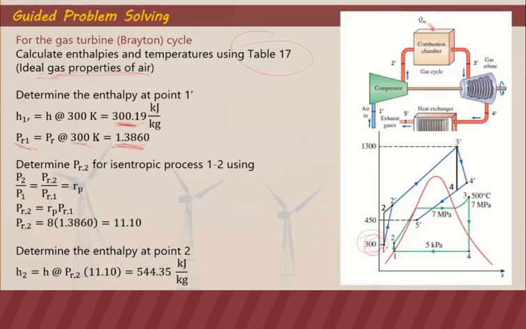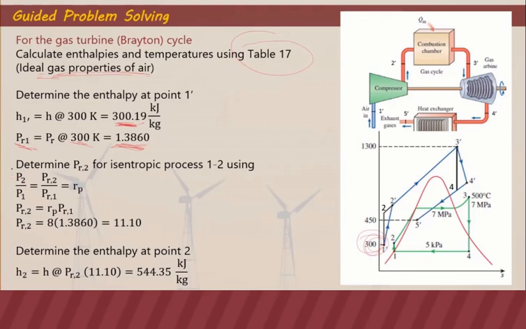We will use this Prandtl number to get the enthalpy at point 2 after leaving the compressor. So for the Prandtl number at point 2, this is actually an isentropic process. As you can see, 1 to 2 is an isentropic process. This is the compression. The pressure ratio is given in the problem, so we can use it.